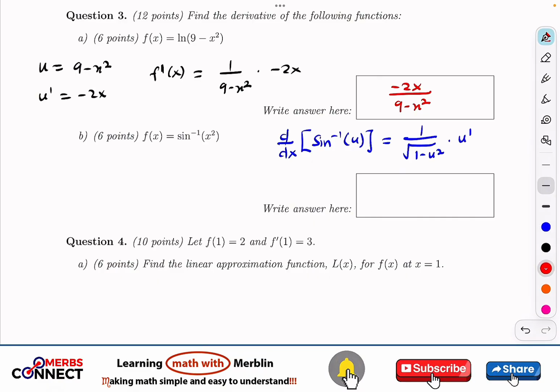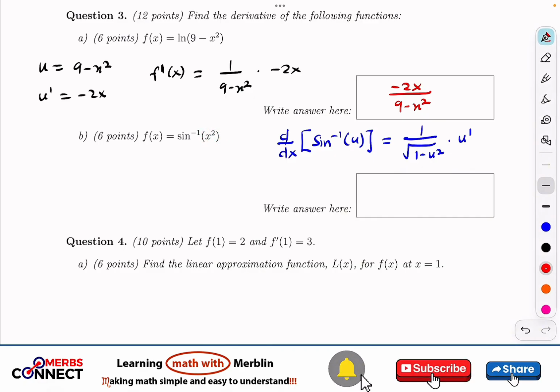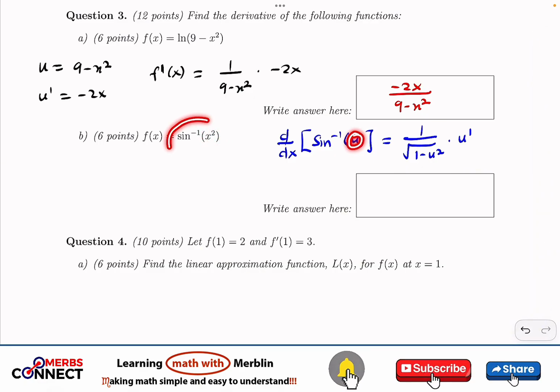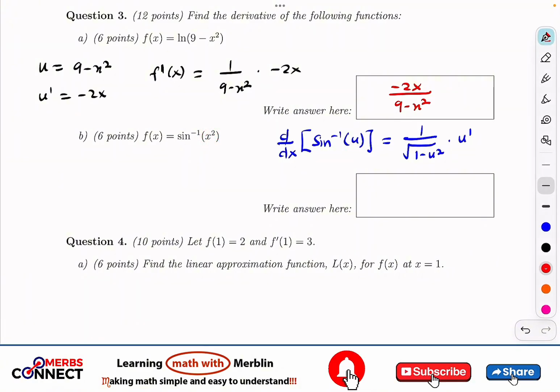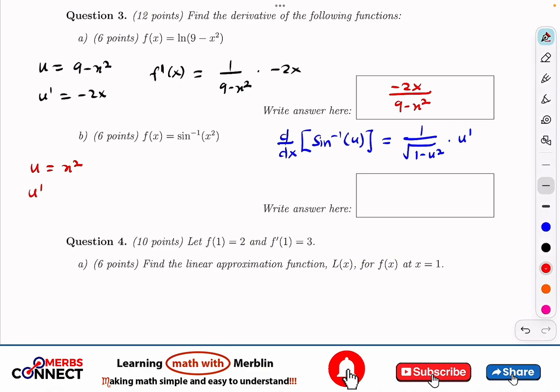Good. So that now, because of this, we can do the chain rule very well here. Now compare this to this. The one here, this is the sine inverse, this is the sine inverse. You can see that u is equal to x squared. So my u is equal to x squared. I need u prime. So what will be u prime? U prime will be equal to 2x.